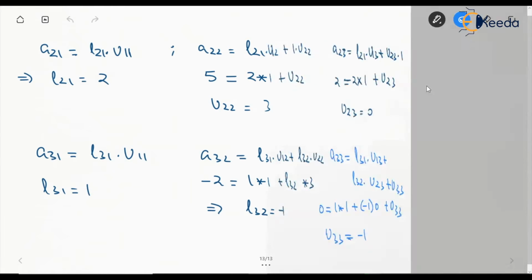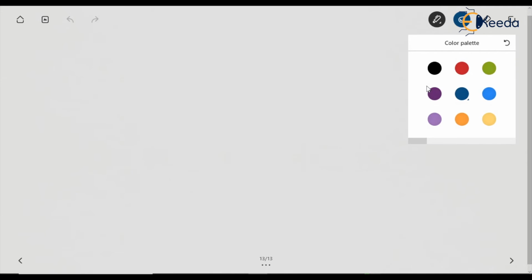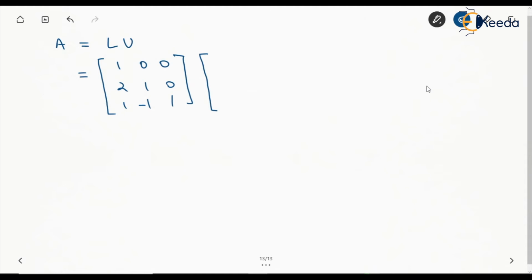We can arrange it and we'll get A equal to LU as L will be 1 0 0, 2 1 0, 1 minus 1 1, and U will be 2 1 1, 0 3 0, 0 0 minus 1.